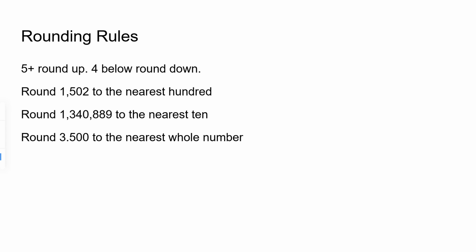Continuing on, 1502. Now to the nearest hundredth place. This is the hundreds place. So instead of cutting off, because this isn't a decimal, it wants just the last whole number to be at the hundreds place.